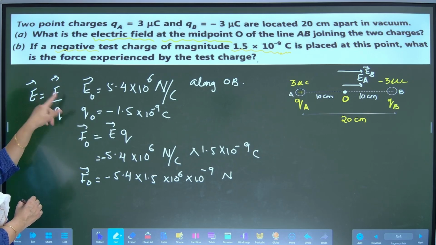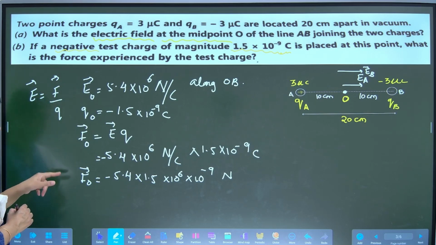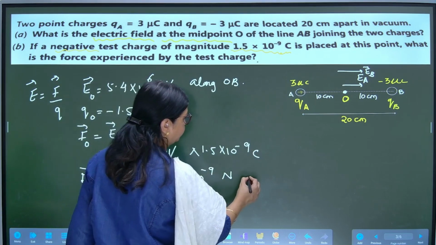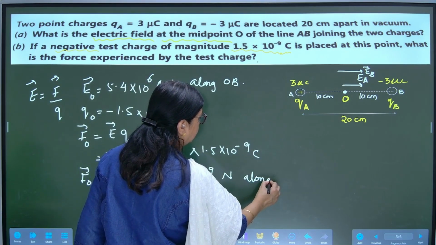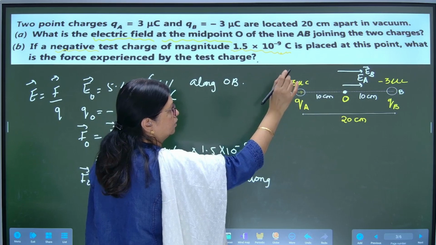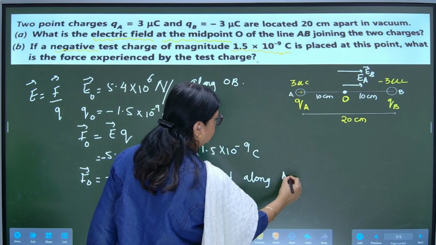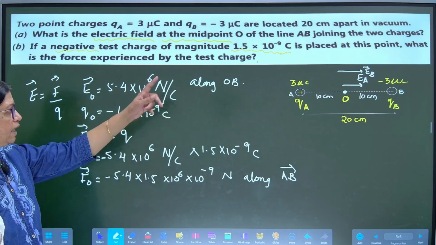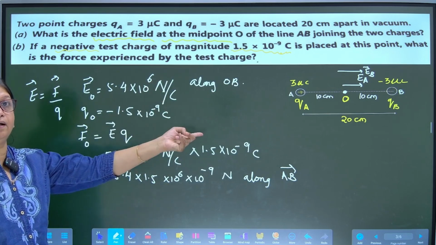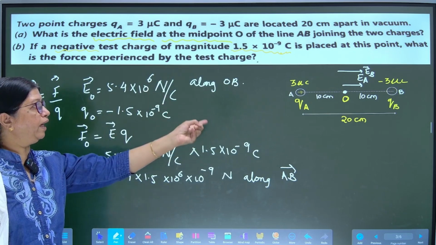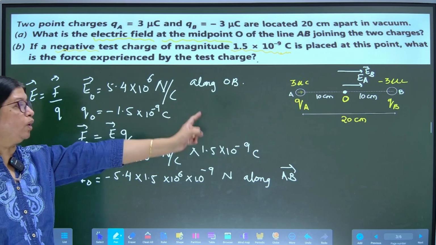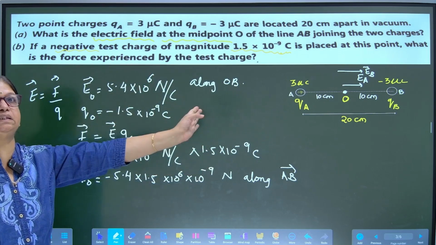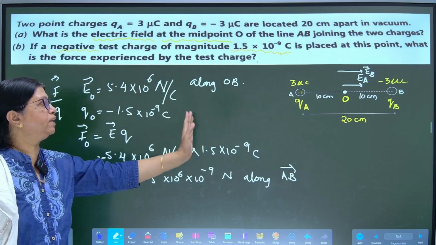So direction of the force and direction of electric field should be same. So F naught should be along E naught. So what should I write? Along E naught. So I can write it from A to B, along AB. Fine, because I have to mention the force of QA on QB. So I have written A to B, otherwise it is OB for electric field. Direction is the same, whether I write OB or whether I write AB.